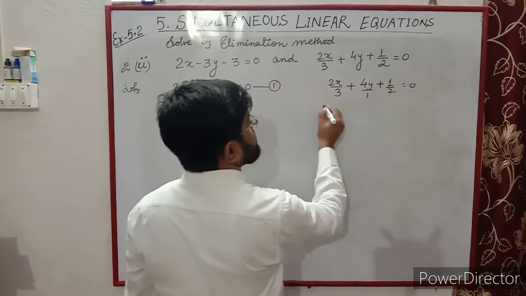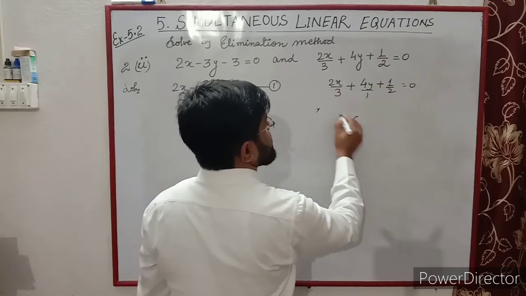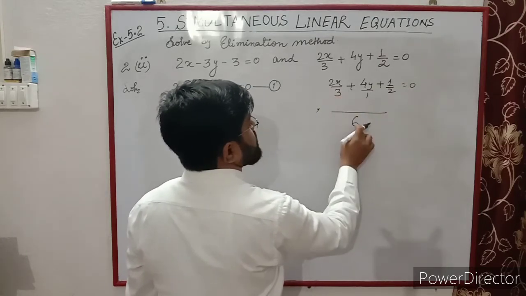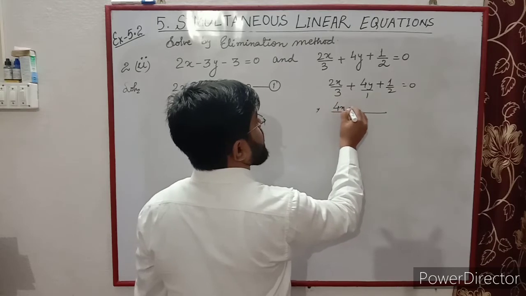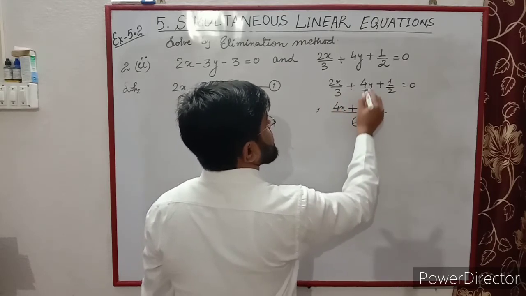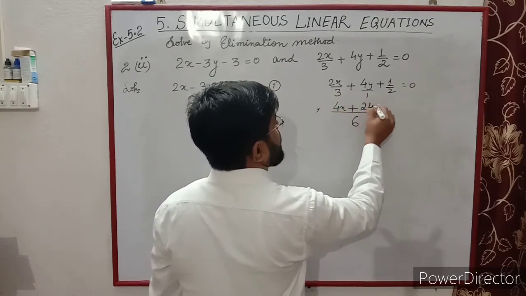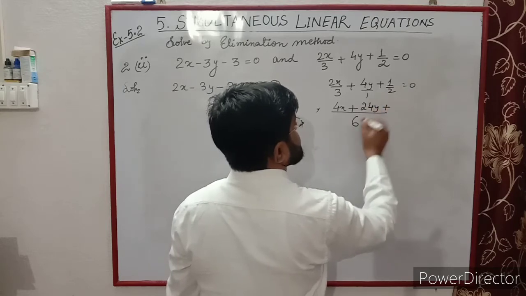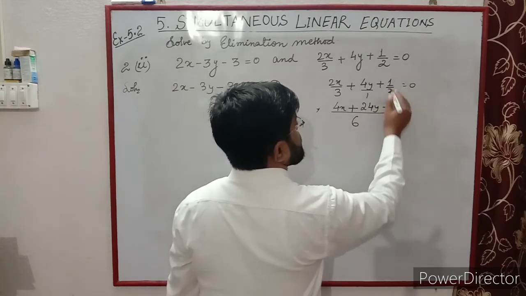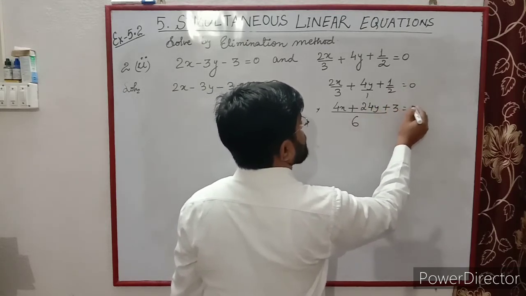Now 2x by 3 plus 4y plus 1 by 2 is equal to 0. Now taking LCM, so 3 2s are 6, 2 2s are 4, 4x plus 6 4s are 24, y plus 2 3s are 6, 3 is multiplied by 1, 3 is equal to 0.